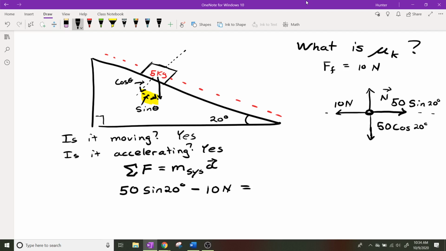Okay, the mass of the system is 5 kilograms. So we got 5 kilograms times the acceleration. Yeah, that's what we're looking for, right? That's the story of the day. Because if we can find that acceleration, then we know how far it's actually going down the ramp. Okay. All right. Now what?